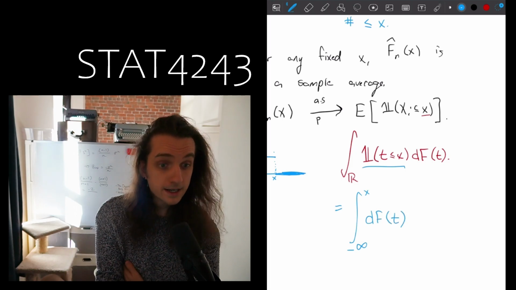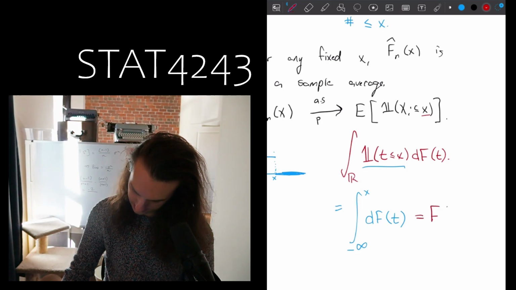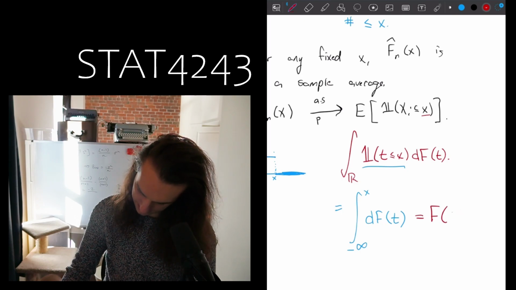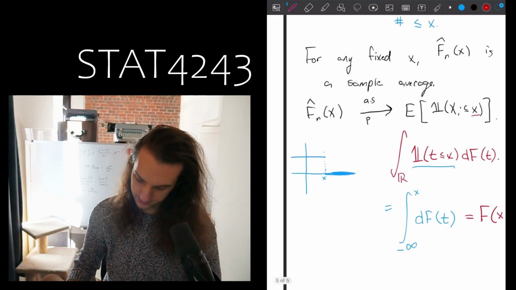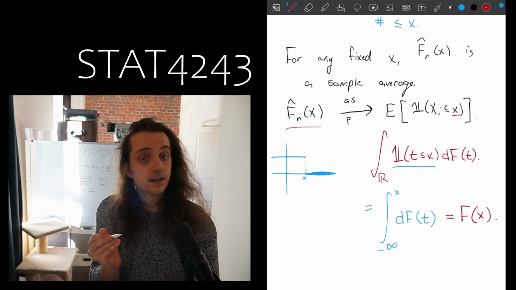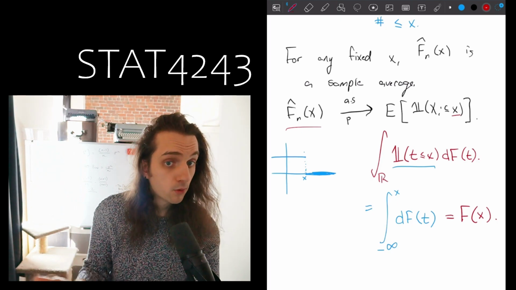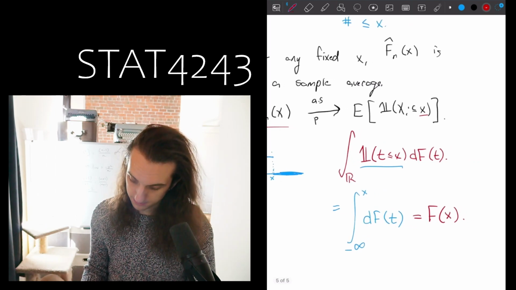And this is, by definition, the CDF. So this is just equal to F of x. I'm going to make sure that that's a lowercase x there. So in this sense, this empirical CDF is going to be converging, at least point-wise, for every single value of x to the CDF at that same point.